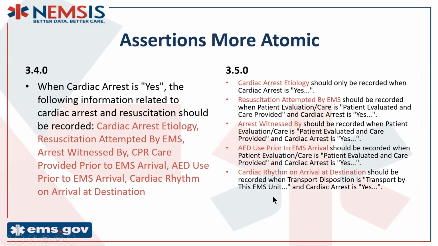In the future, in 3.5, they'll get 5 error messages, each message just pertaining to an individual data element. This was requested because people feel like this approach makes the rules easier to understand, more self-contained, and that's thus the word atomic that we're using. It's more tightly scoped with each rule.